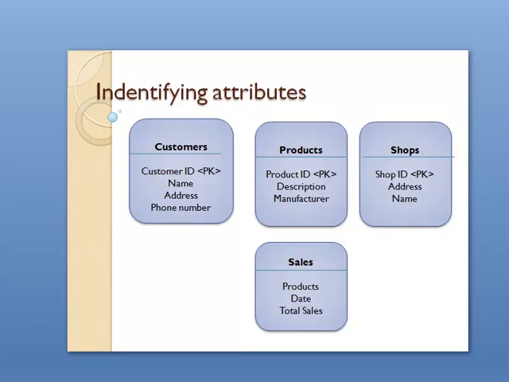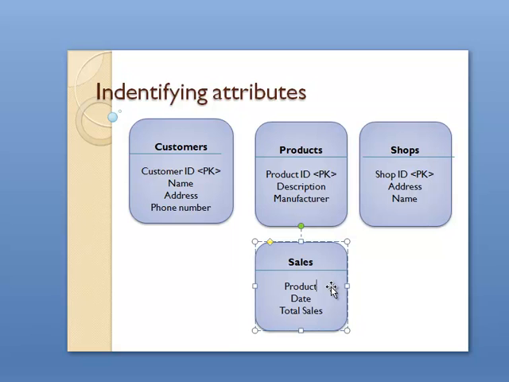Now, sales is a different situation. We could just have a sales ID, but we're not going to, because this is a tutorial and we want to show what we could do alternatively. What we're going to do is say, well, right, products is really not products, but it's product ID, isn't it?